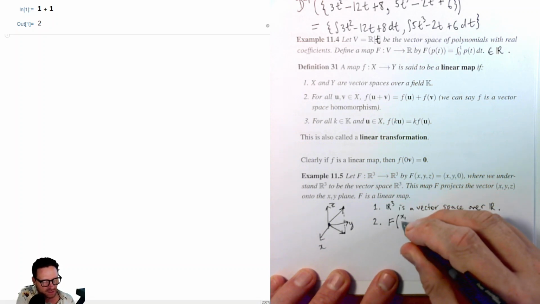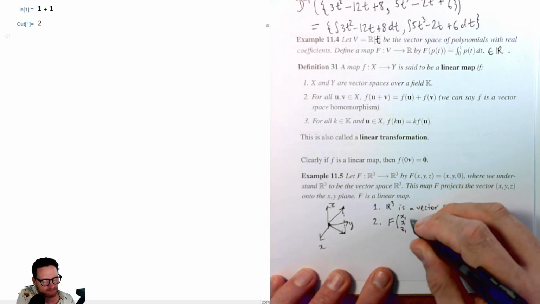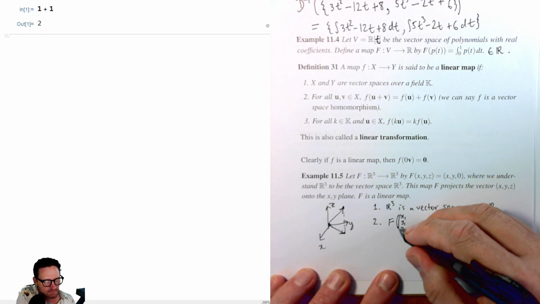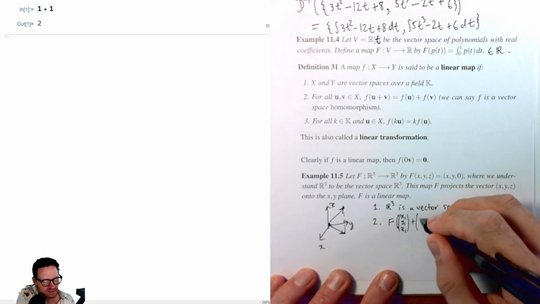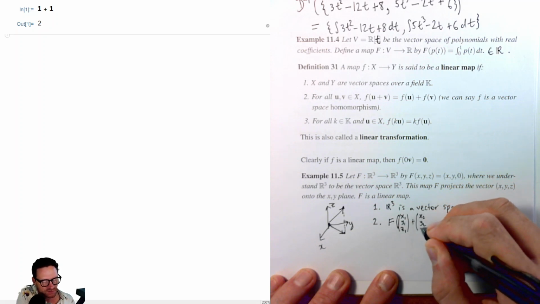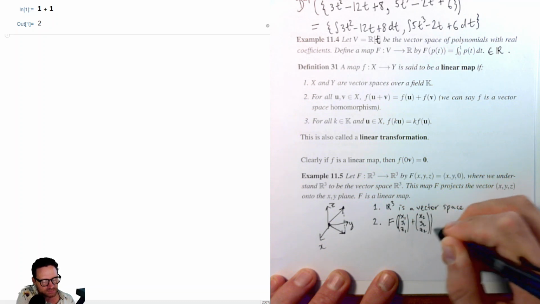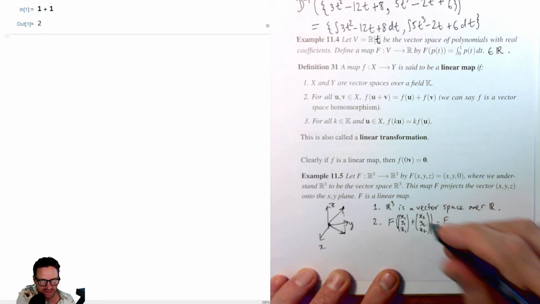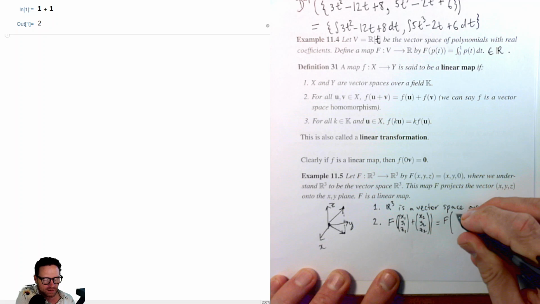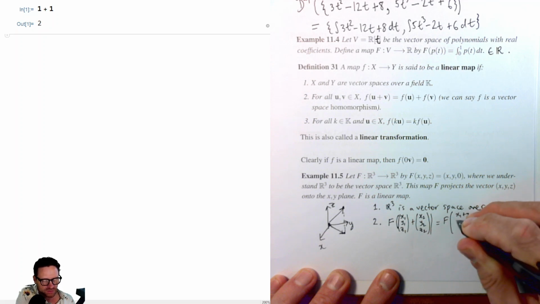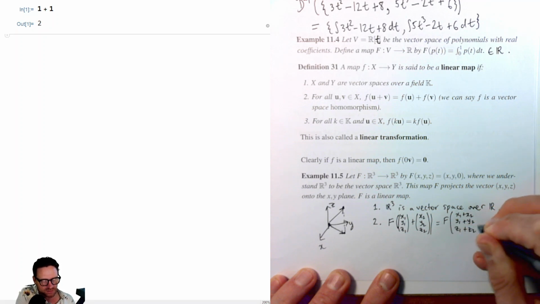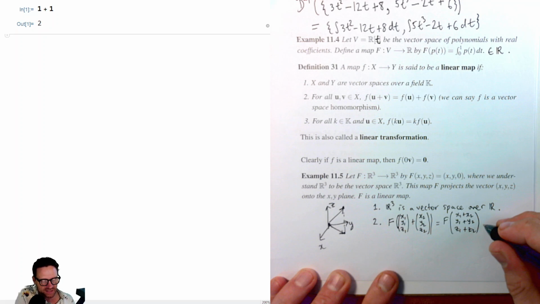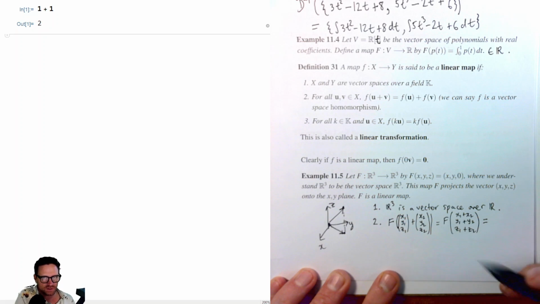So x1, y1, z1 plus x2, y2, z2 equals f of, so now I'm just going to add those two vectors, x1 plus x2, y1 plus y2, z1 plus z2, and then the rule says we just replace the third coordinate with 0.